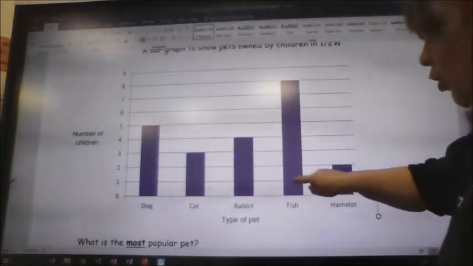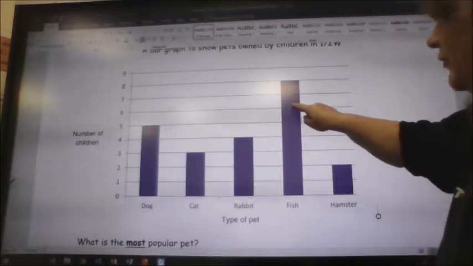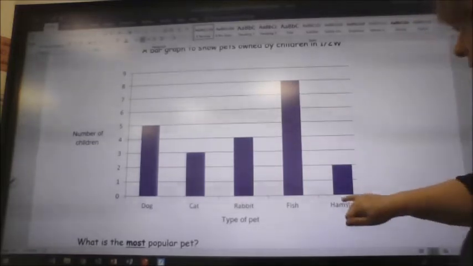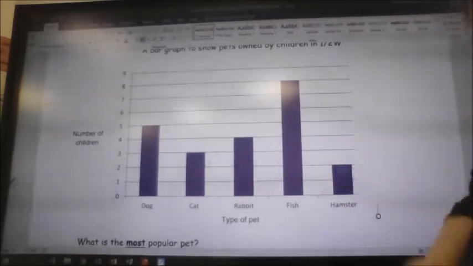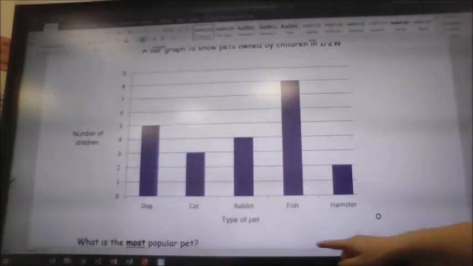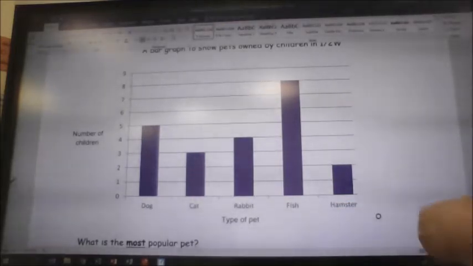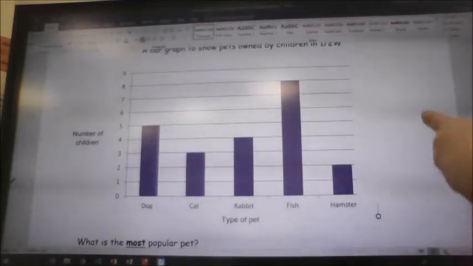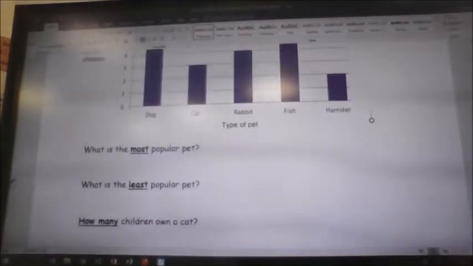And here, 1, 2, 3, 4, 5, 6, 7, 8. Here, 1, 2. So I could say the most popular pet is a fish, okay? Because that's got 8. The column is taller than the others, but the number is bigger. There's more children who've got fish.